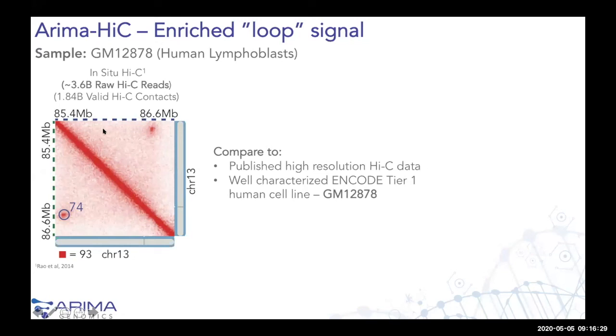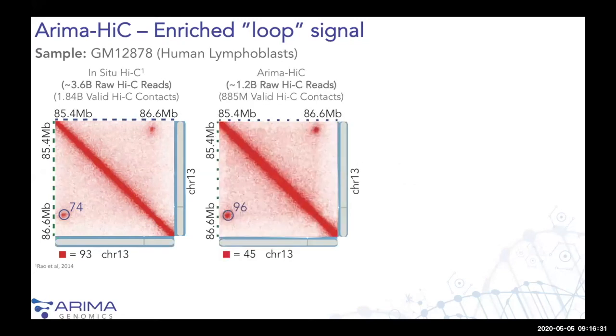And when we analyzed the same sample using the Arima-HiC data, what we observed is that at these looping regions, essentially these structural features that you're often doing Hi-C to detect, that signal enrichment at that looping region was much higher than in the published in situ Hi-C data.